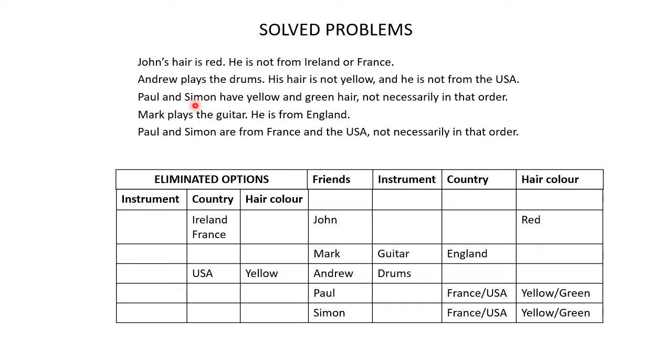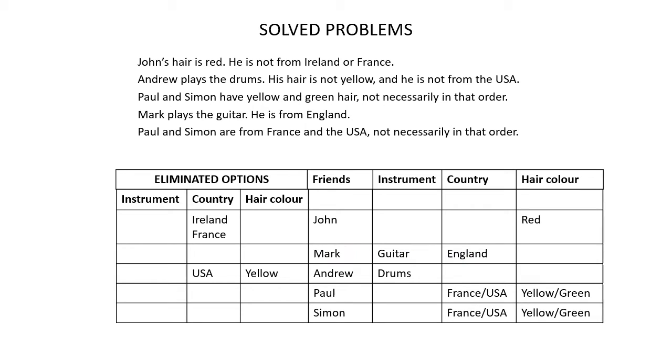Paul and Simon have yellow and green hair, not necessarily in that order. So Paul and Simon have yellow or green hair. So write yellow or green hair under hair color for Paul and Simon. Mark plays the guitar. He is from England. So write guitar under instrument for Mark and England under country for Mark.